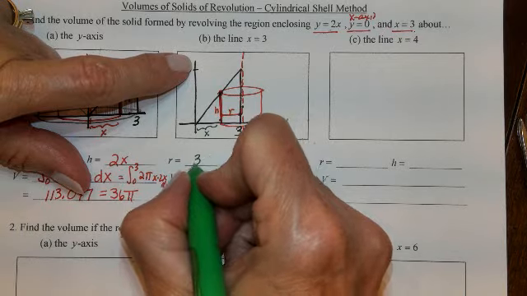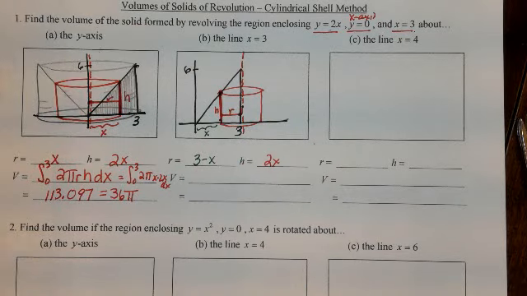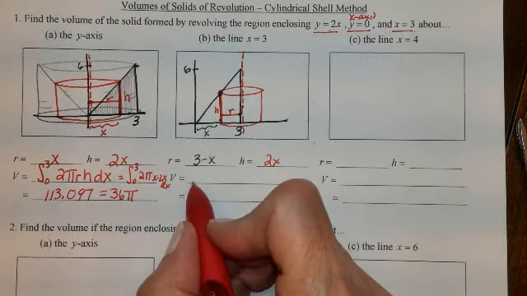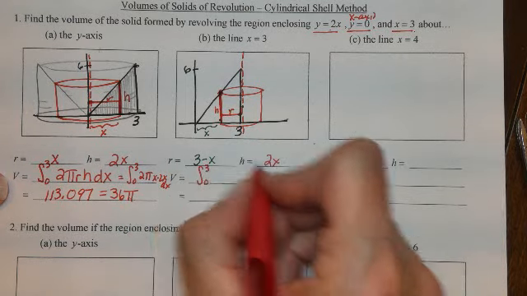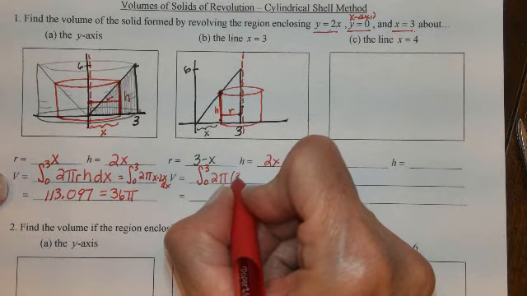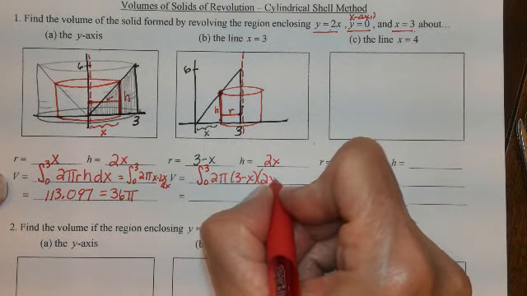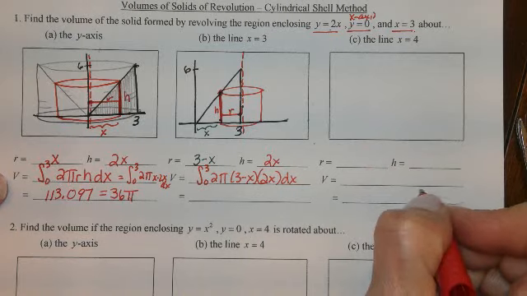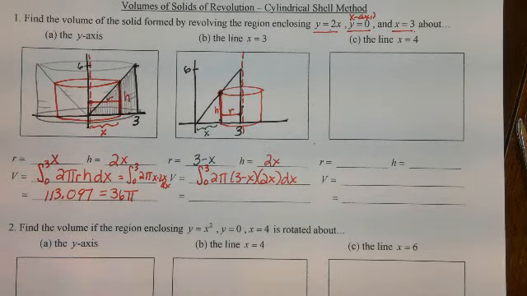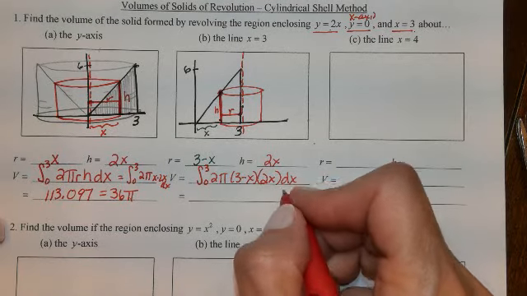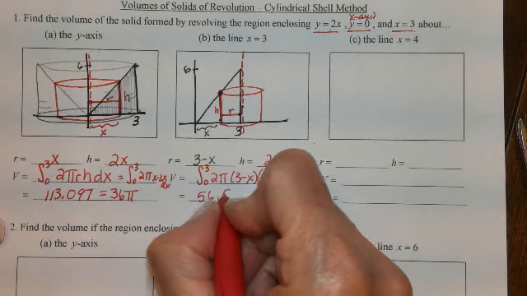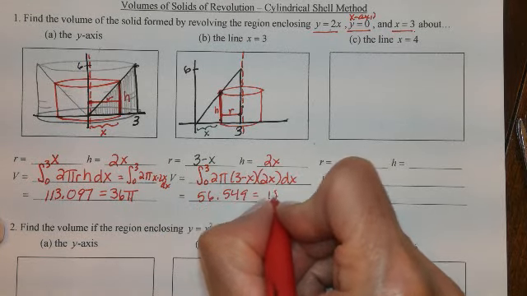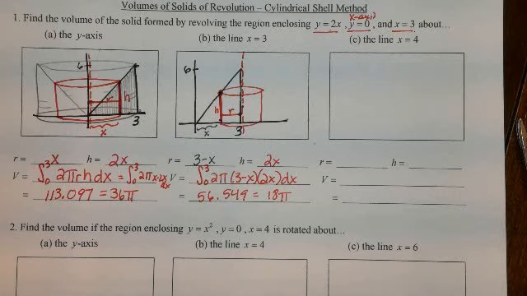So r will be 3 minus x. So this volume will be the integral from 0 to 3 of 2 pi r h dx. And when we put that into our calculator, we get 56.549, which is 18 pi. Okay?